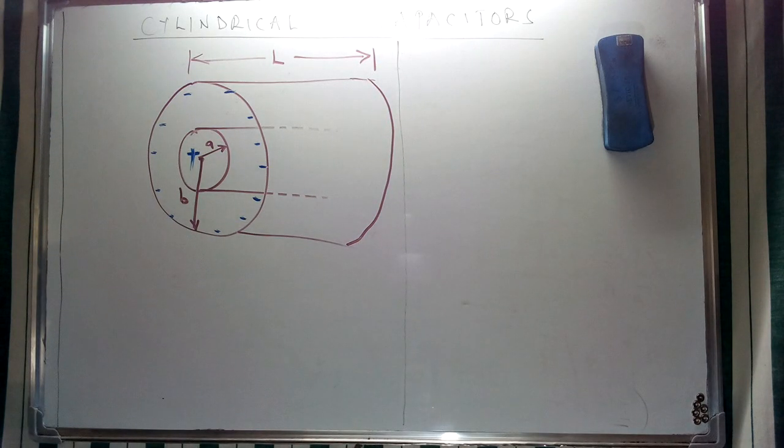In this particular case, we had talked about the Gaussian surface being an imaginary one, and we are going to use Gauss's law to find the Gaussian surface that we're going to consider.